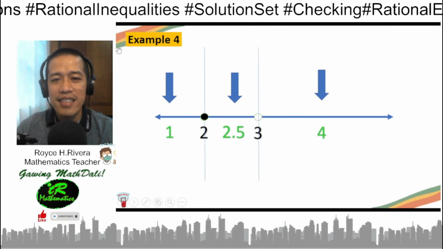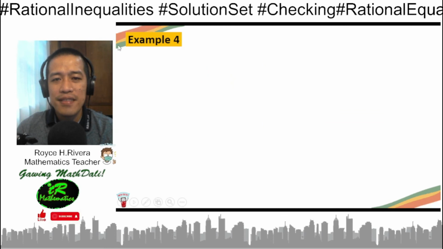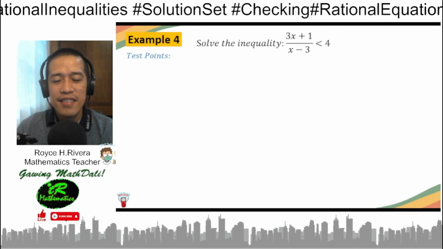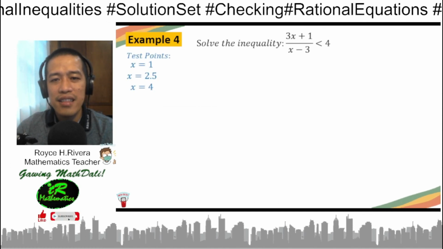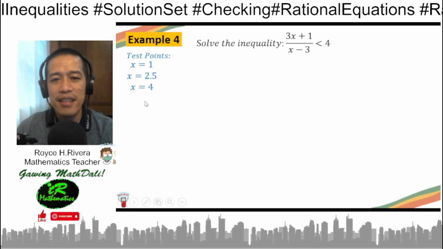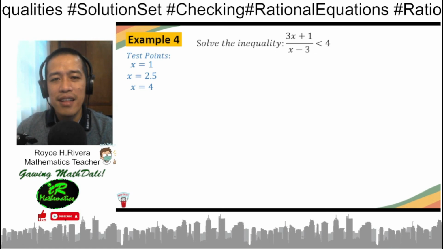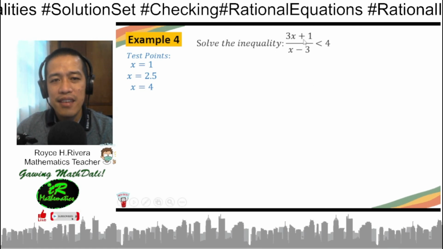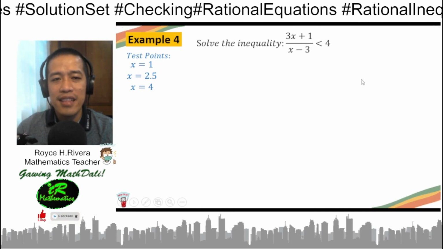Let us test now the test points. The test points again, x equals 1, x equals 2.5, and x equals 4. We substitute each value and let's find out if they will satisfy the inequality.